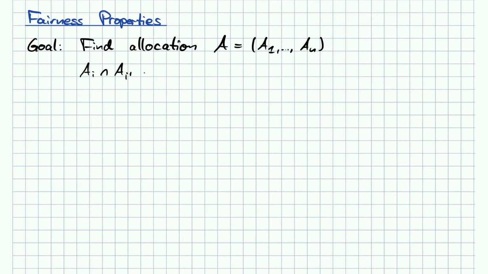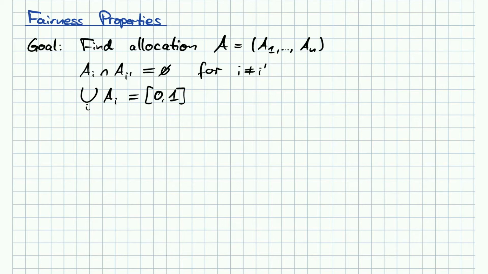So once again, our goal is to find an allocation, capital A, consisting of A1 through AN, where these Ai are disjoint and the union of them is the entire interval.